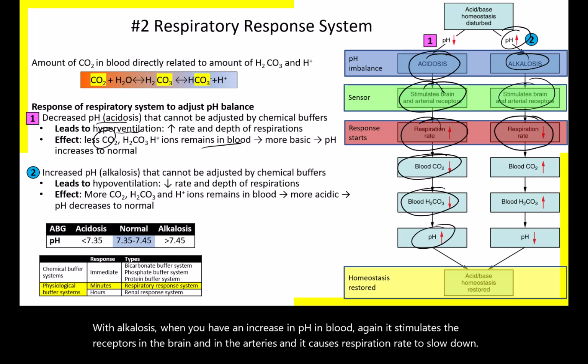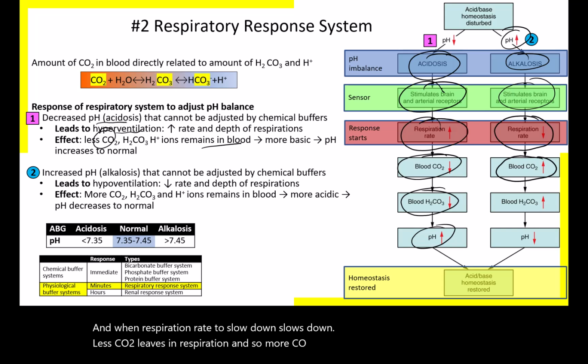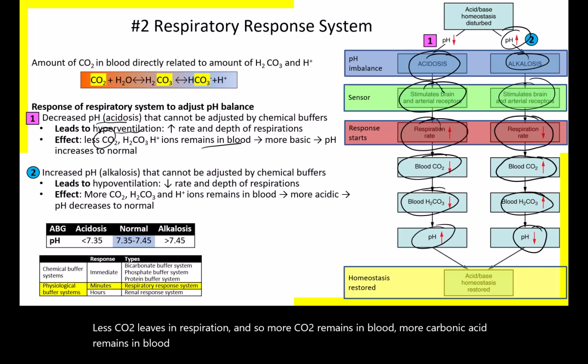And when respiration rate slows down, less CO2 leaves in respiration, so more CO2 remains in blood, more carbonic acid remains in blood, and pH levels drop back to normal.